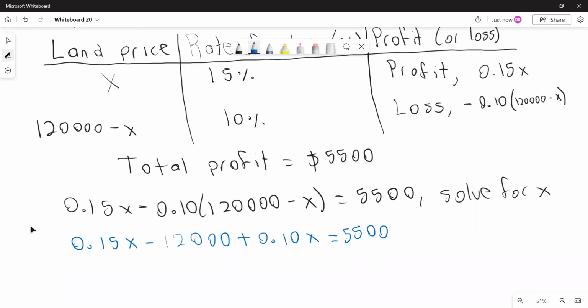So 0.15x plus 0.10x is going to be 0.25x. 5,500 plus 12,000 is going to be 17,500. Divide both sides by 0.25, or another way to say it is multiply by 4, and X is going to be 70,000.